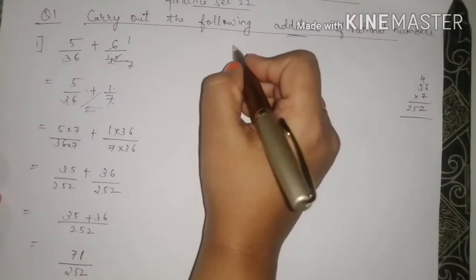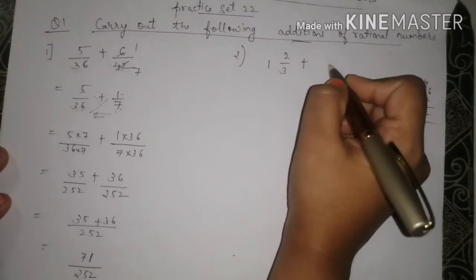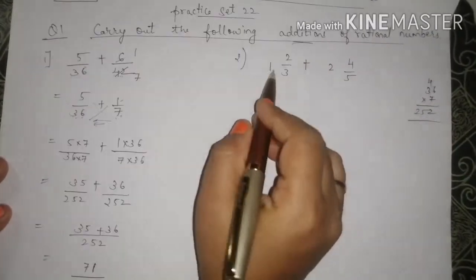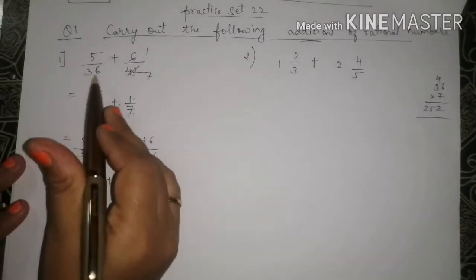Let us do the second sum. The second sum is 1 2 upon 3 plus 2 4 upon 5. This number is in mixed form, so first we have to convert it into a simple fraction.